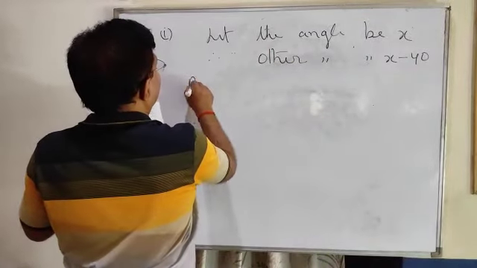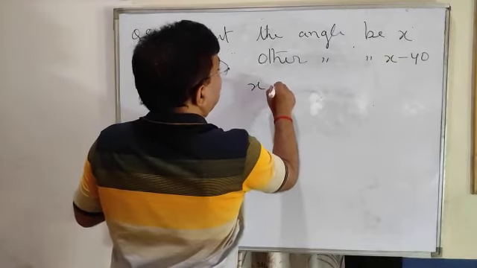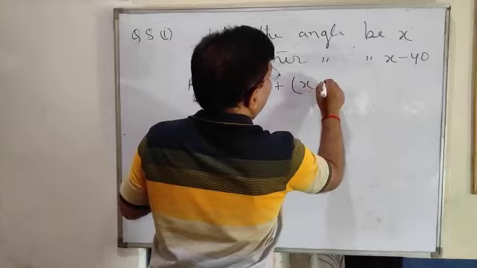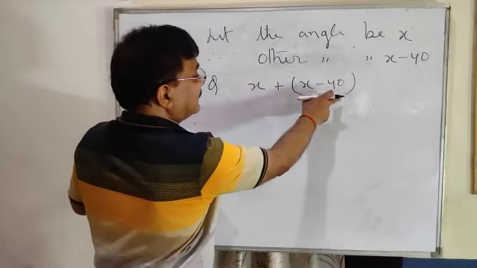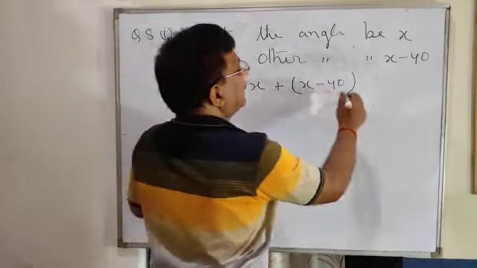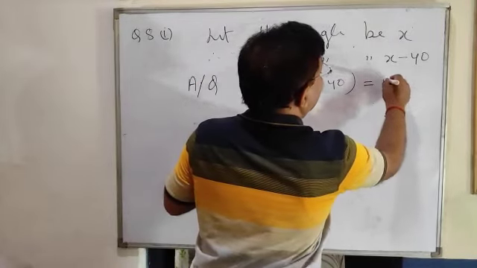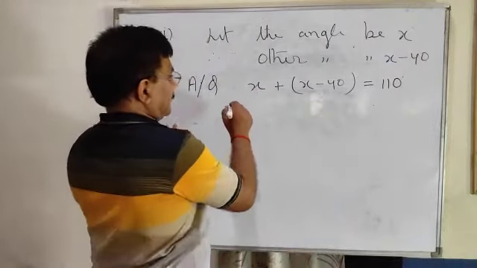According to the question, their sum means x plus (x minus 40). This is one angle and this is the other angle, which is 40 degrees less than the other angle, and their sum is 110 degrees. Now let us solve it.